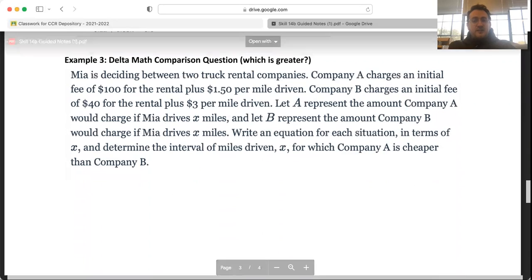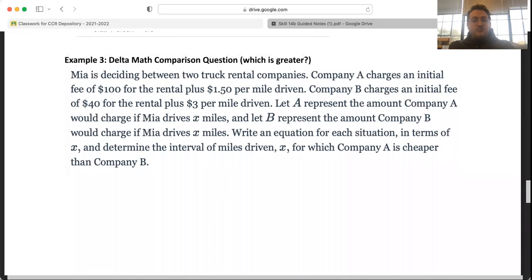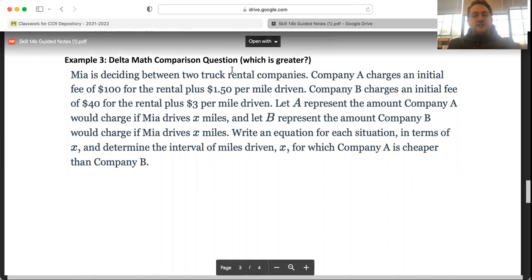All right, let's look at example 3. This is a Delta Math comparison question. So this is which is greater. So it gives us that we have an initial fee of $100 for company A at $1.50 per mile driven.